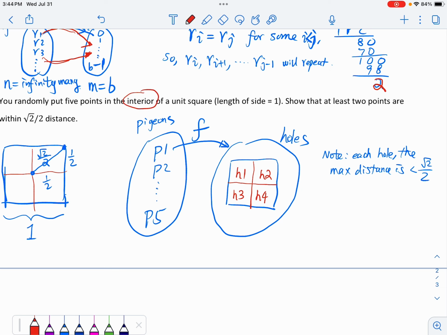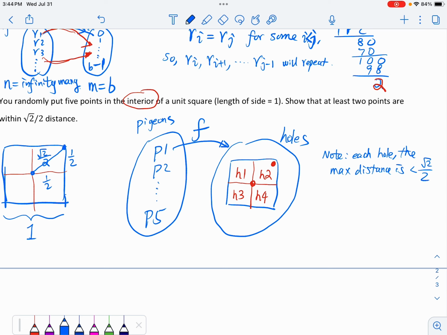You don't want to think about the extreme scenario, like on the boundary. In that case, the distance would be equal to square root of 2 over 2, not within. But if you put the point in the interior, not on the boundary, then we can guarantee that the max distance is strictly less than square root of 2 over 2.